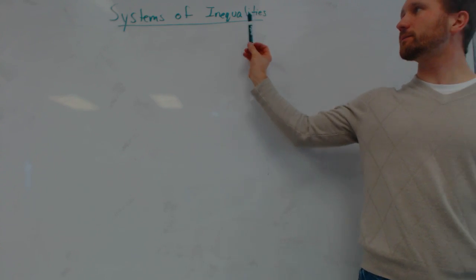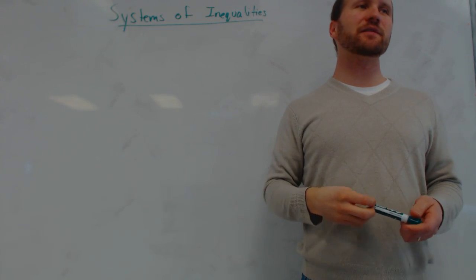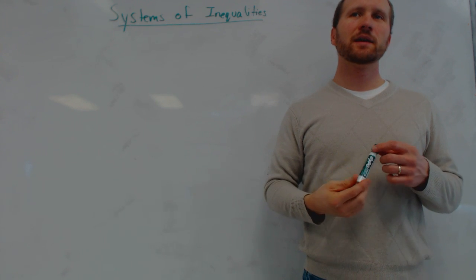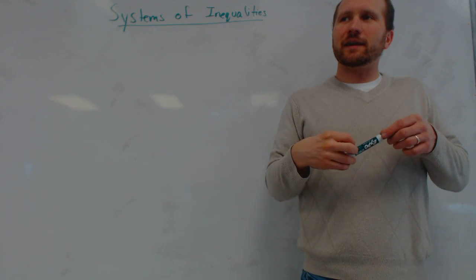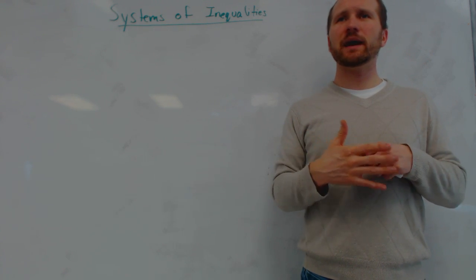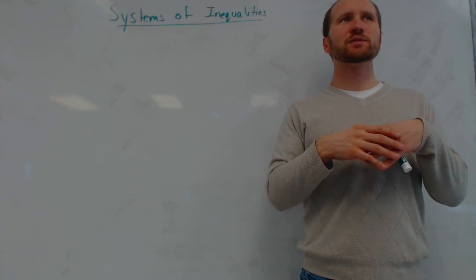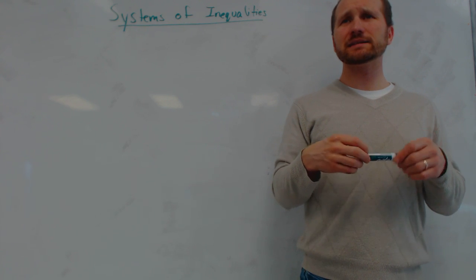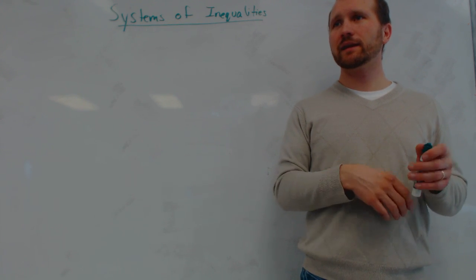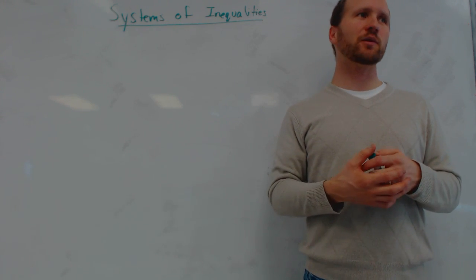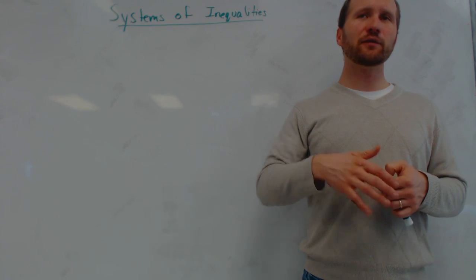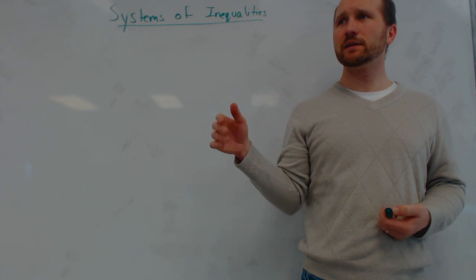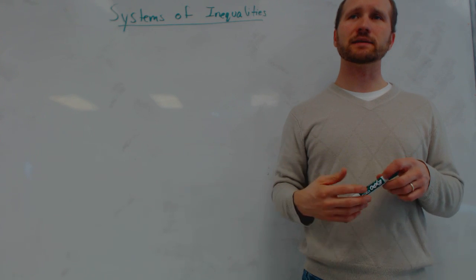Systems of inequalities. I think systems of inequalities are fascinating because part of the application of them is about finding the best deal. You can create a system of inequalities from things like taxi cab fares or cell phone monthly plans or other sorts of data plans and monthly charges.